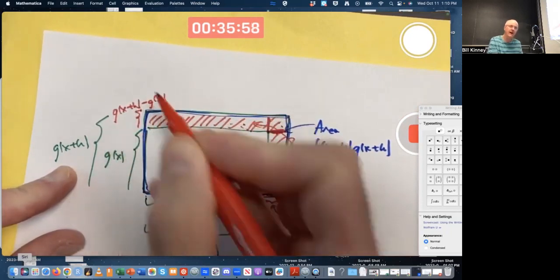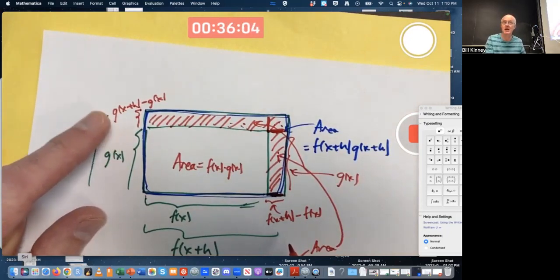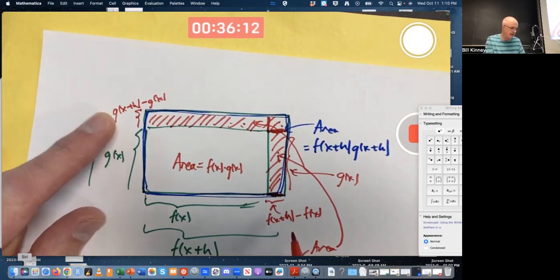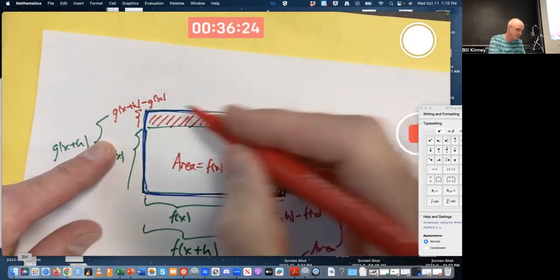Yeah, I'm feeling good about this because I'm seeing f and g numerators for their derivative limit definitions here and here. I phrased that kind of weirdly. In the limit definition of the derivative for f prime of x and g prime of x, these two things that I'm pointing at would be in the respective numerators. Oh, this is feeling good. It's not clear that it's for sure going to work out, but I'm feeling good about things.